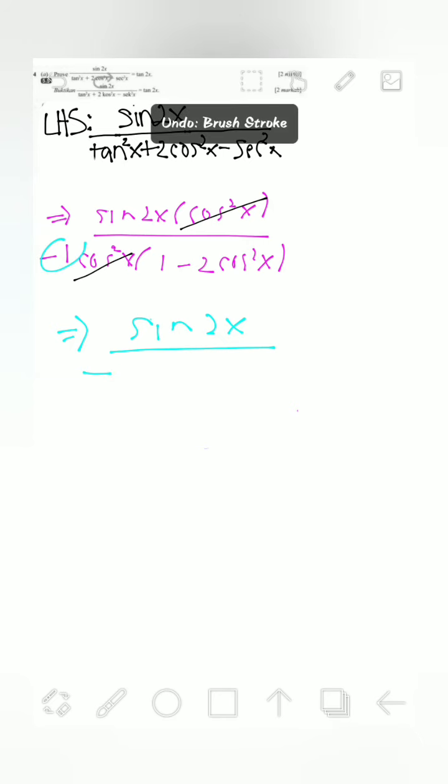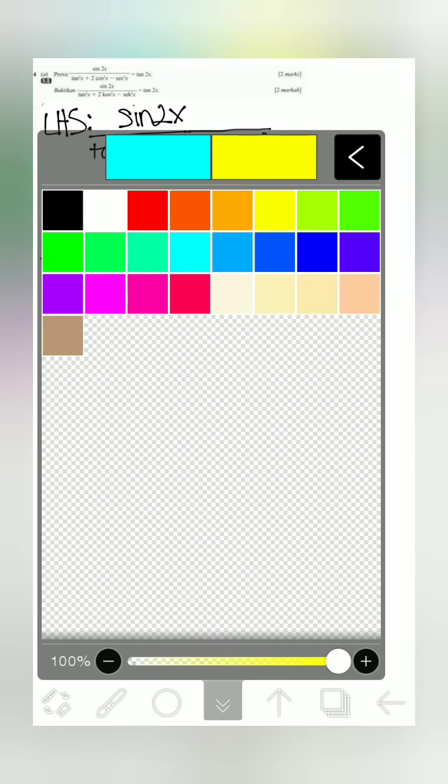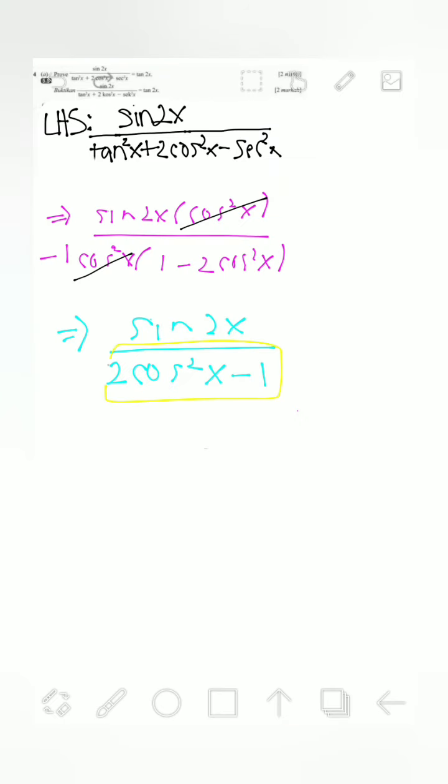So minus, we can actually expand the bracket already. Minus 1 times minus 2 cos square x is positive 2 cos square x, isn't it? And minus 1 times 1 is just 1. If you are familiar with this identity, this is nothing but cos 2x. Why?